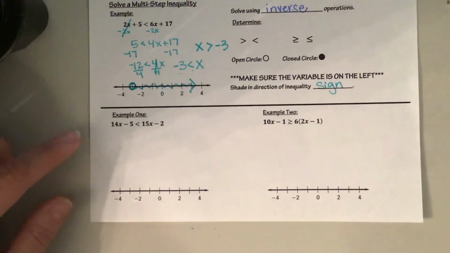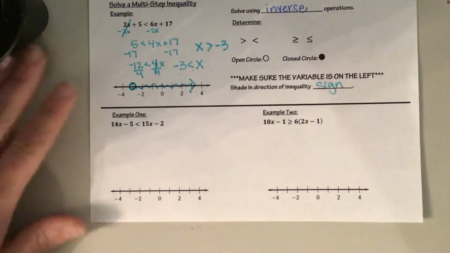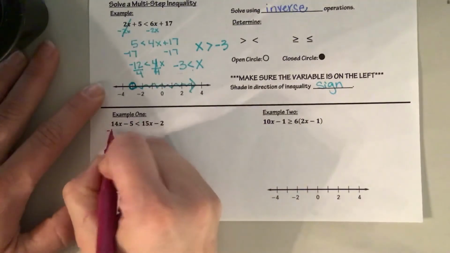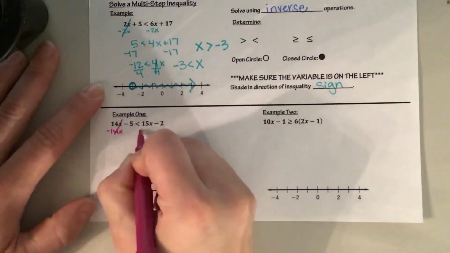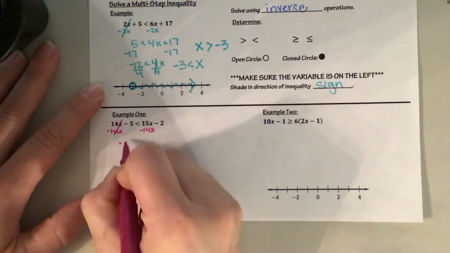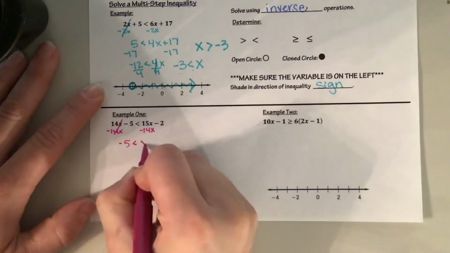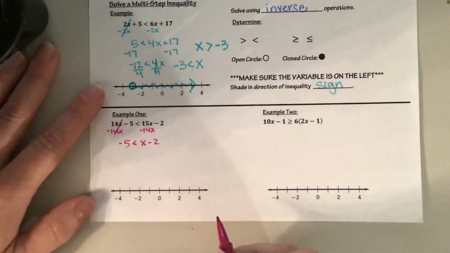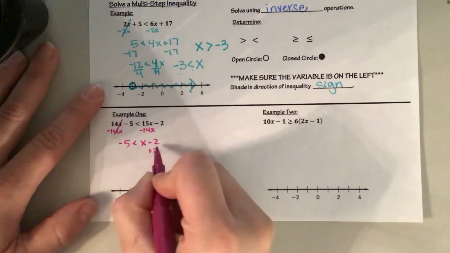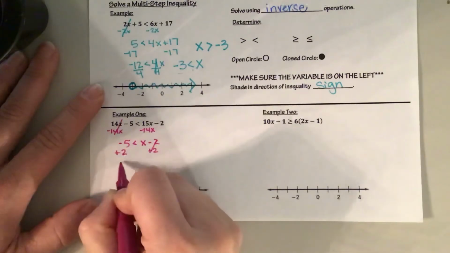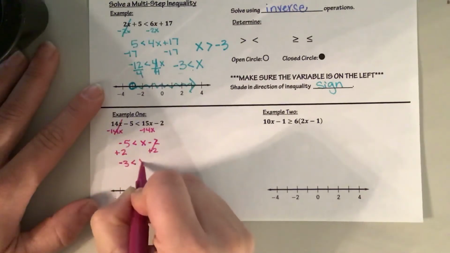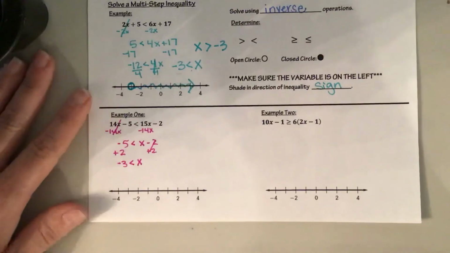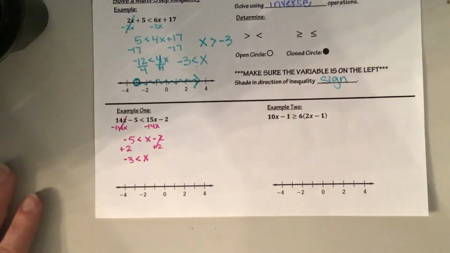So looking at these 2, our first step would be to subtract 14x on both sides. Now we're left with negative 5 is less than x minus 2. Our next step would be to add 2 on both sides. So negative 3 is less than x. You notice that your variable is on the wrong side.